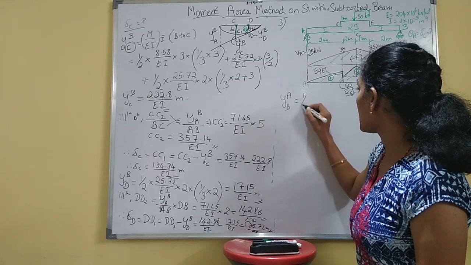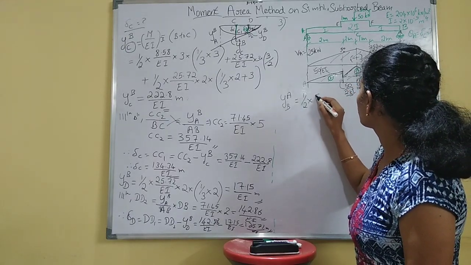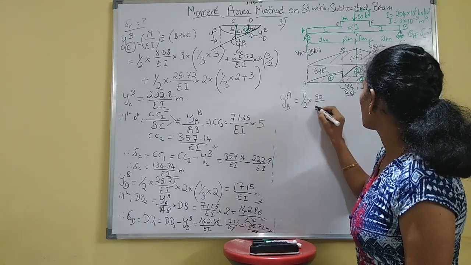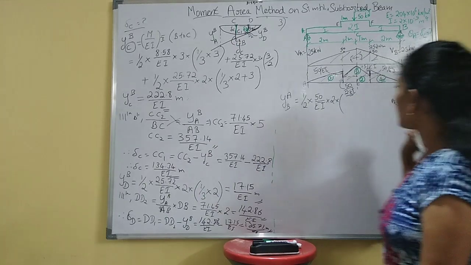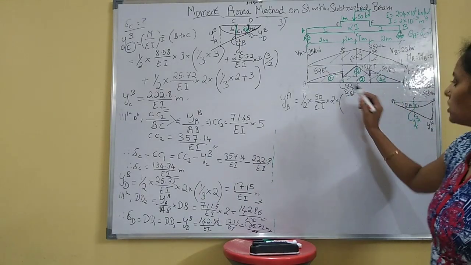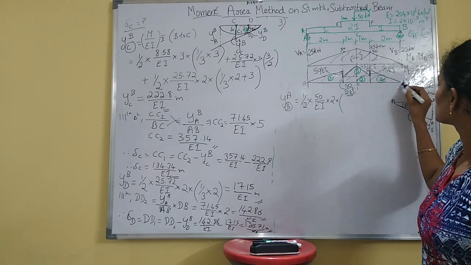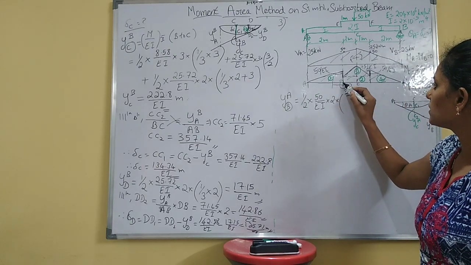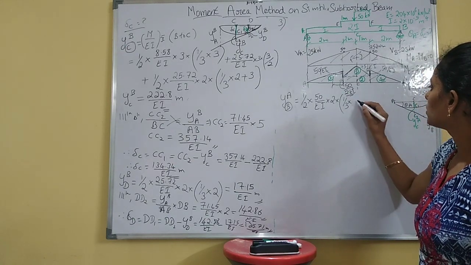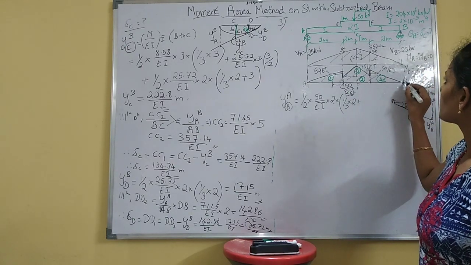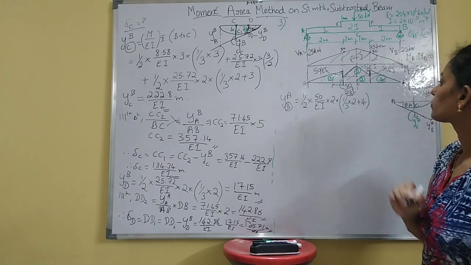First region is half into base into height. Base is 50 by EI into a distance of 2 meter, with respect to B. So the centroidal distance is 1/3 of 2 plus, up to B, 2 plus 2, that is 4 meter.